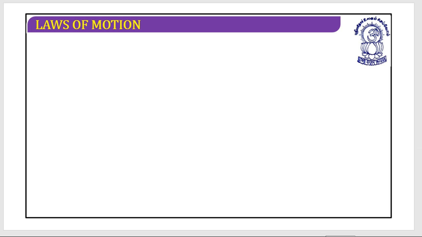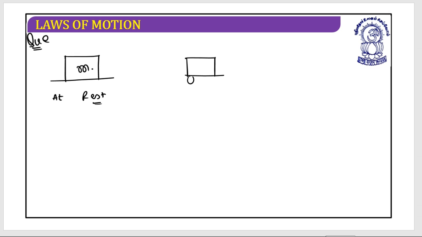Now how will all this happen and what would the situation be? Let's take one example and discuss it. Let's suppose a box of mass m is there. Initially it is at rest. Here a car is there, and even in the initial situation it is at rest. You, as an observer, are standing on the car. It's an open roof car and you are looking at the box.